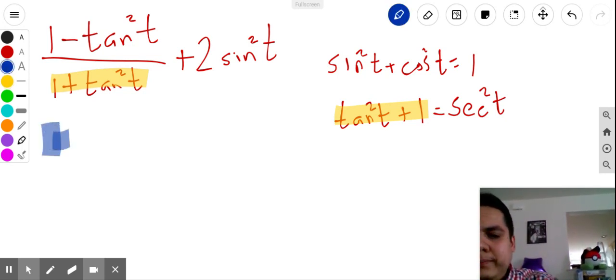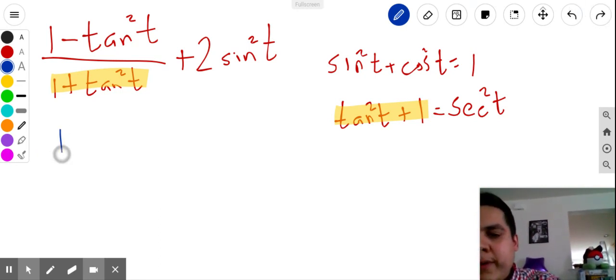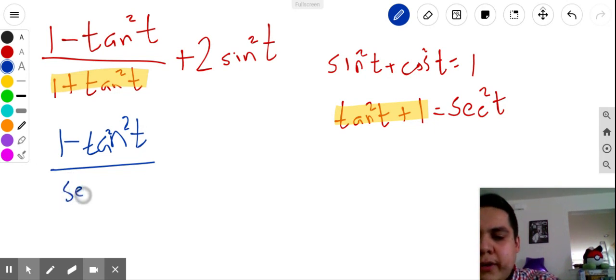So we have 1 minus tangent squared over secant squared, according to our Pythagorean identities, plus 2 sine squared of t.